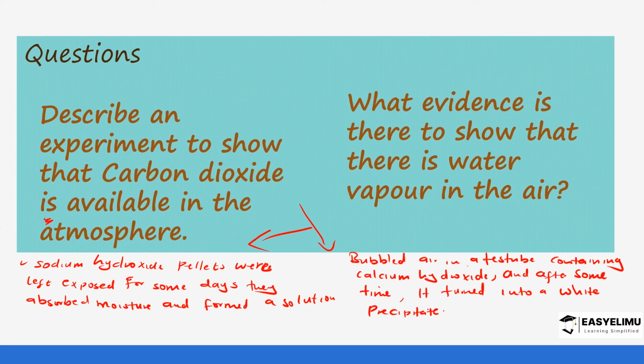So we know the white precipitate is as a result of formation of calcium carbonate, which is a white solid.